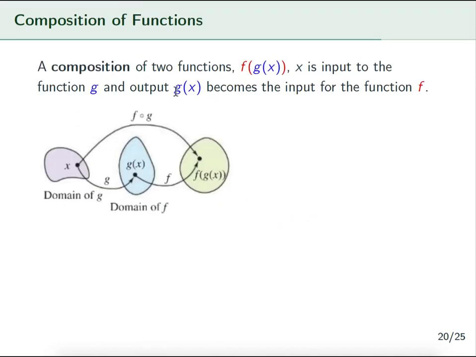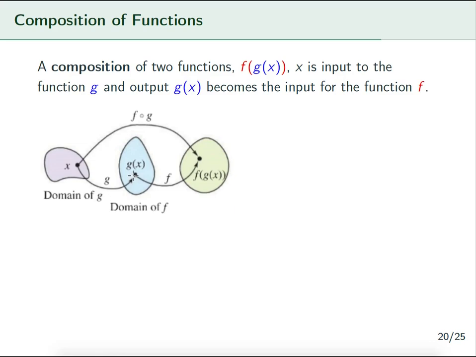So a composite function, composition of two functions, f of g of x: the input goes to the function g, and the output, g of x, becomes the input for function f. Since we're plugging the input quantity into function g, the x must come from the domain of g.